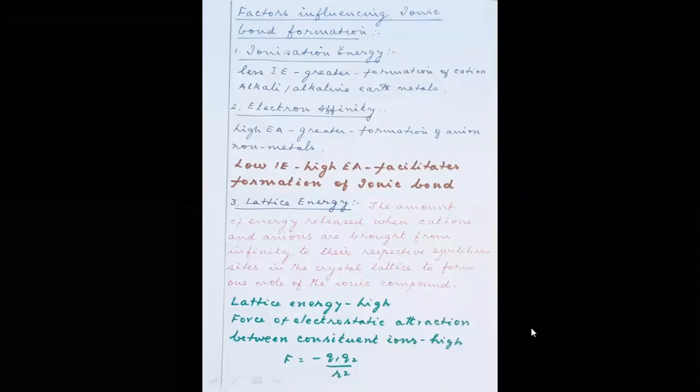So I'm going to form 1 mole of the ionic compound. I'm bringing the ions from a farther distance and I want to bring them to the equilibrium sites, that is their respective positions in the crystal lattice. What is the amount of energy released?